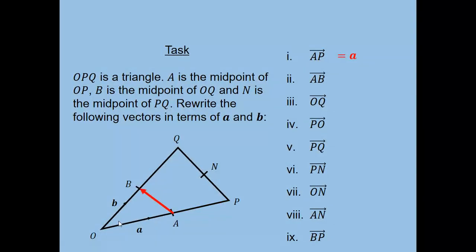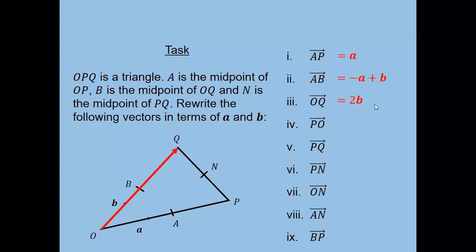A to B would be minus a, because we are going in the direction A to O, which is the opposite direction of a, plus b. O to Q would be b plus another b, because B is the midpoint of OQ, which gives you 2b.